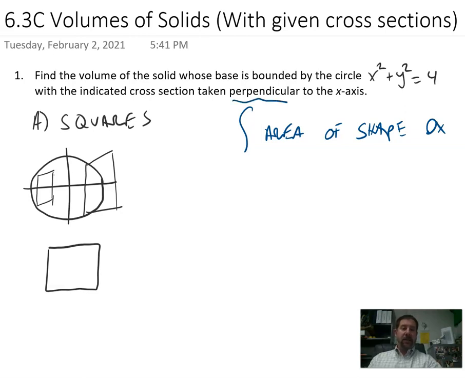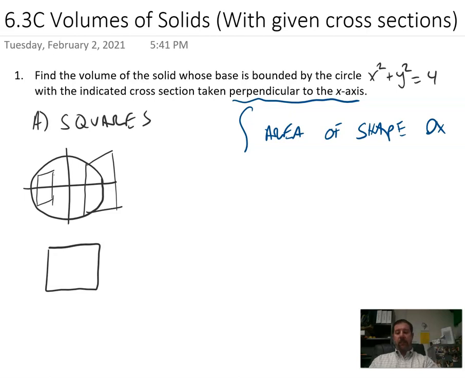For our example here, these are all going to be perpendicular to the x-axis, so we're going to say dx, and we're going to integrate with respect to x. If we wanted shapes that were perpendicular to the y-axis, and so maybe my square went this way instead and popped out, then I'd say dy. But that's the general formula that we want to use.